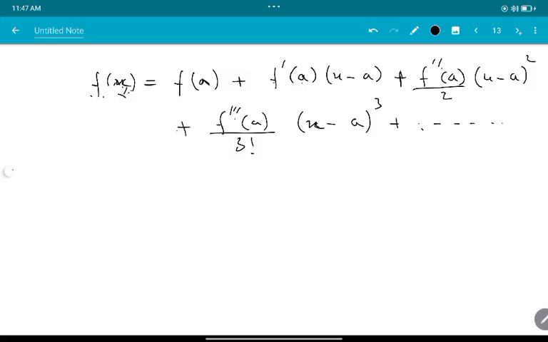When we say at a point, it means that the function must be defined at least in some neighborhood of that point, because in order to find a derivative of a function at a point, you need to include some of the neighborhood of that point.